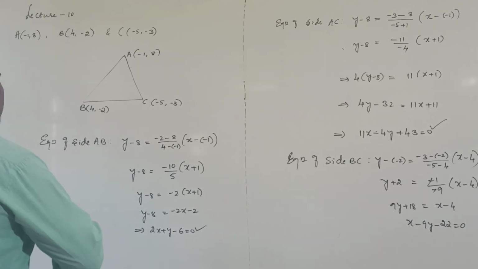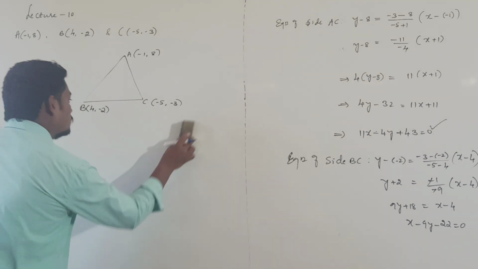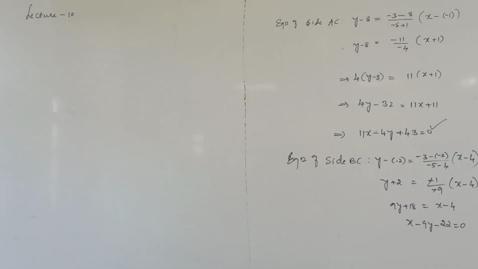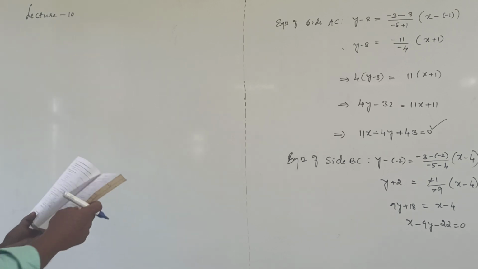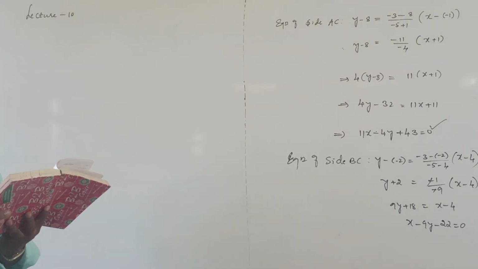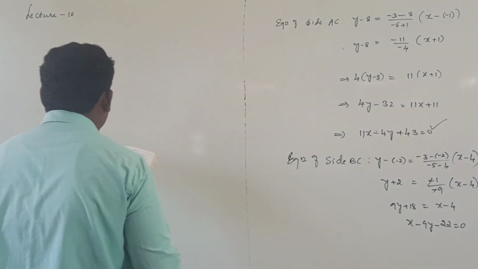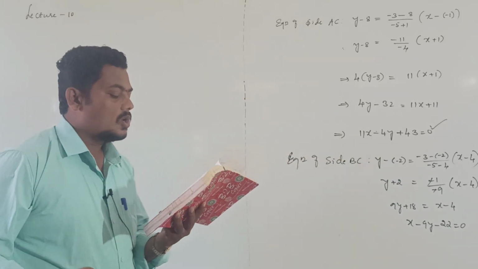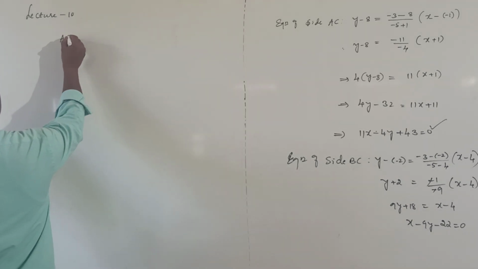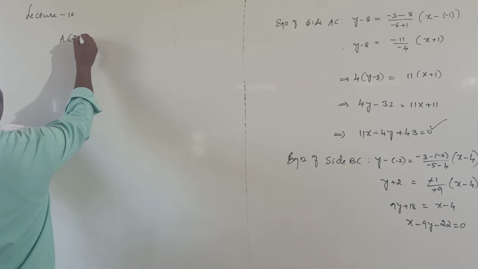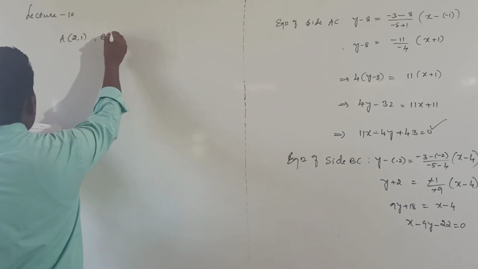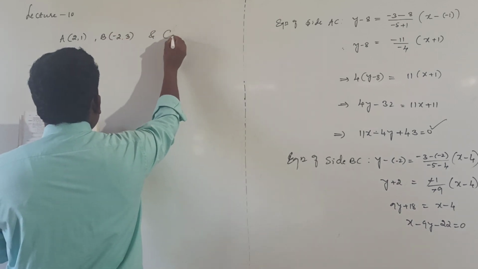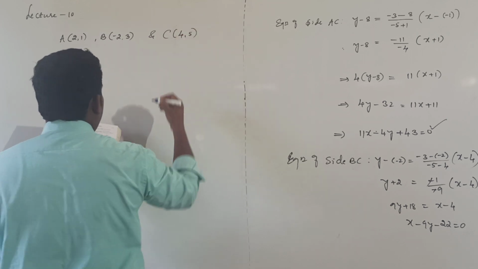Next one, take one homework. Find the equations of sides of a triangle whose vertices are, once again the question, find the equations of sides of a triangle whose vertices are A of 2 comma 1, B of minus 2 comma 3 and C of 4 comma 5.